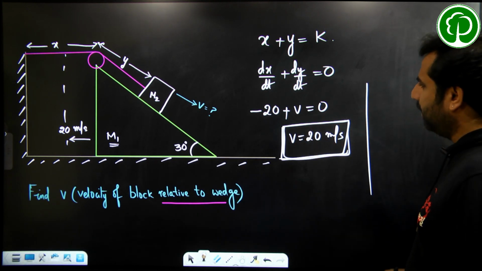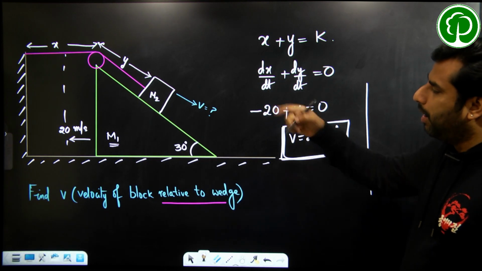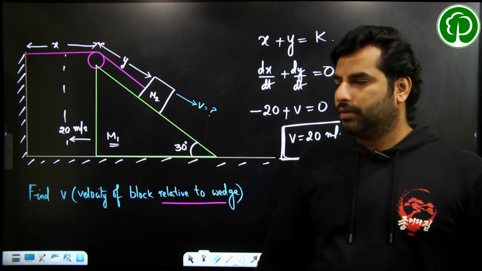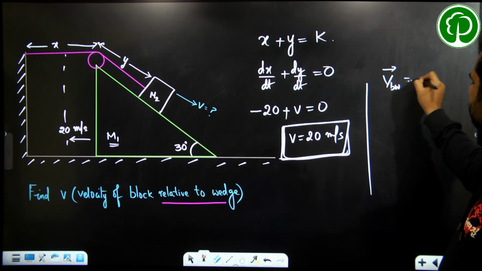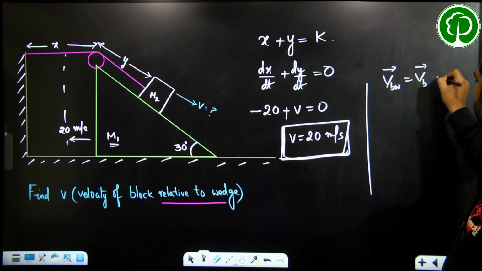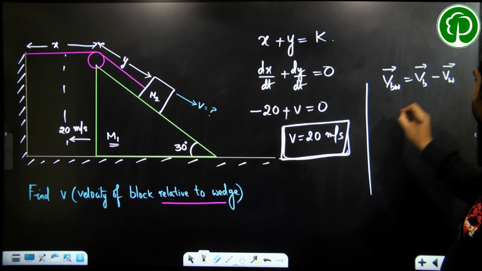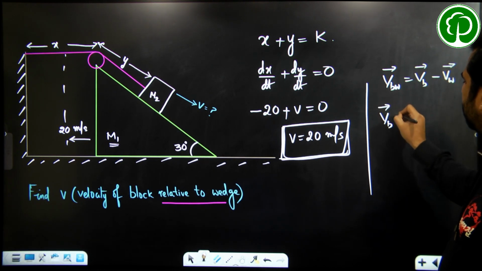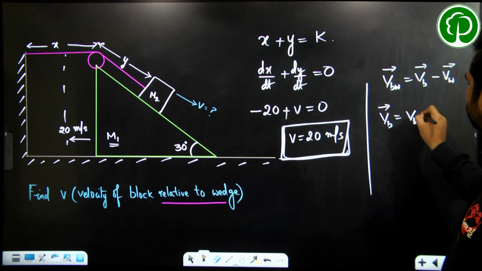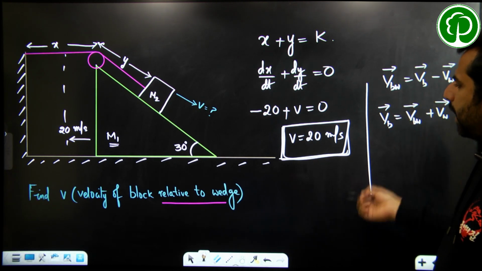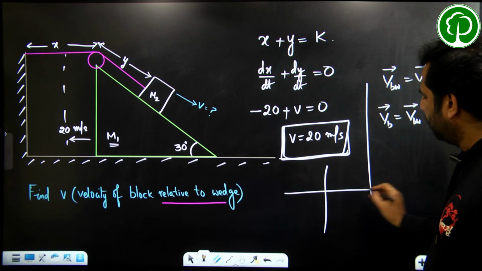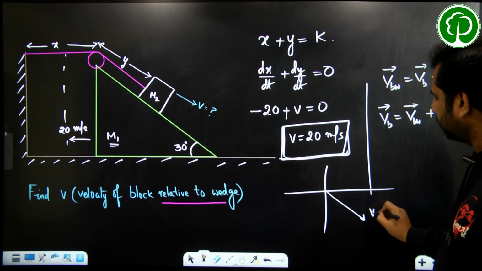If the question is to find the velocity of the block with respect to ground, then I can use this: the velocity of the block with respect to the wedge is the velocity of the block minus the velocity of the wedge. So the velocity of the block as seen from the ground is the velocity of the block with respect to the wedge plus the velocity of the wedge. So we just have to add these two vectors. We have v in this direction.